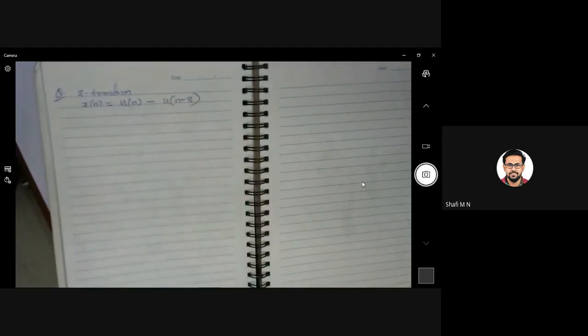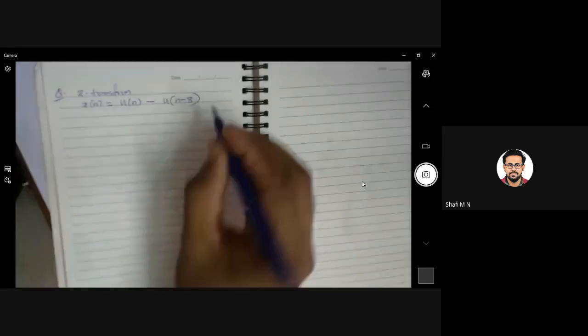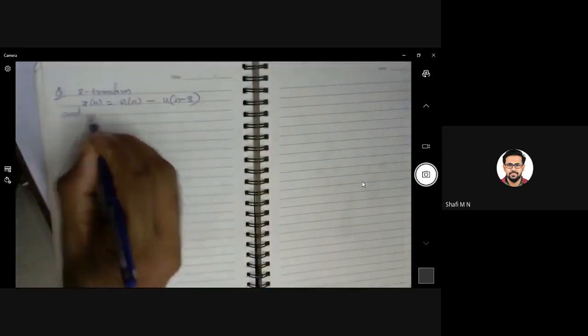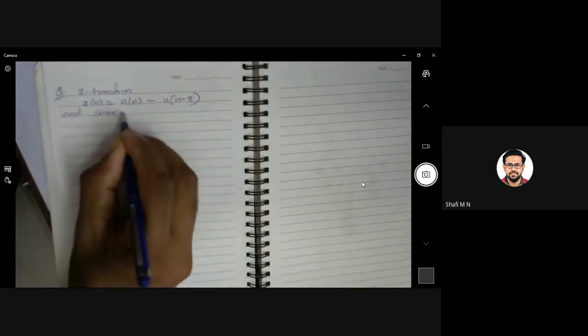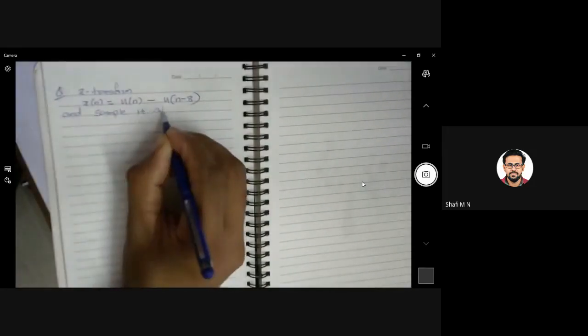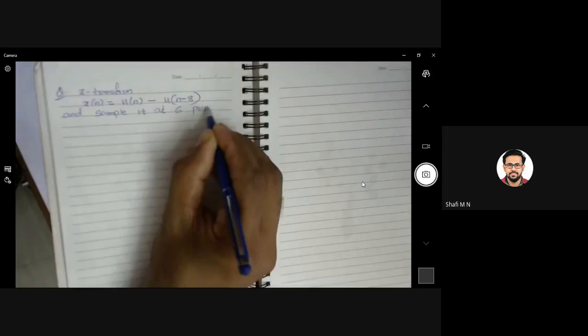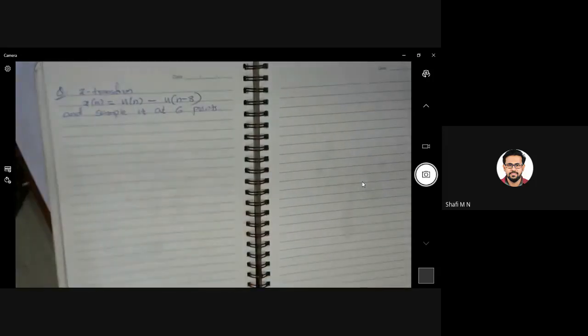Hope you are copying the question. That is the first part. You have to find the Z transform and sample it at 6 points. Means the value of capital N is 6.